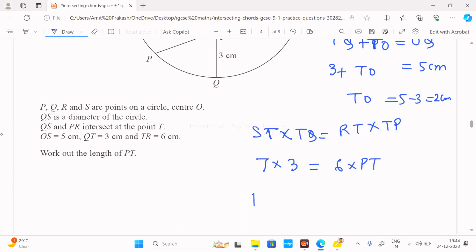So PT equals, this is a linear equation, 7 into 3 upon 6, and this is 7 upon 2 centimeter, and this becomes 3.5 centimeter.